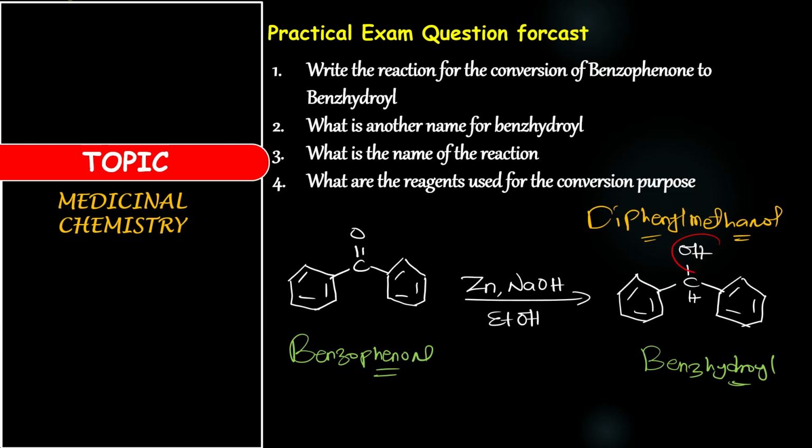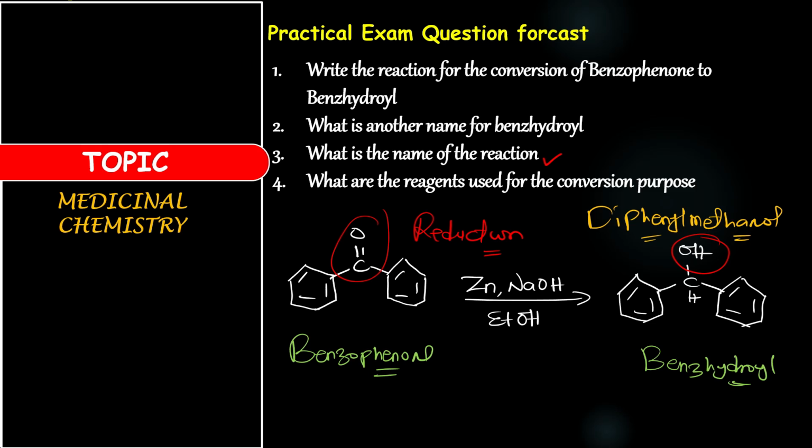You can see benzhydrol is an alcohol functional group, while this one is a ketone functional group. How are ketones converted to alcohol? I believe every one of us knows how ketones are converted to alcohol in this class. Ketones are converted to alcohol by reduction. When this carbonyl group is reduced, it's going to give us the alcohol functional group. So the name of this reaction is a reduction reaction.